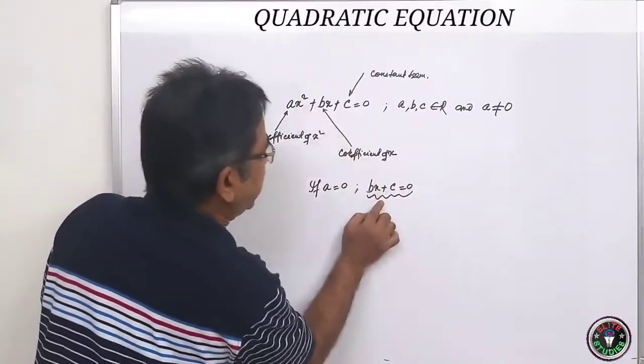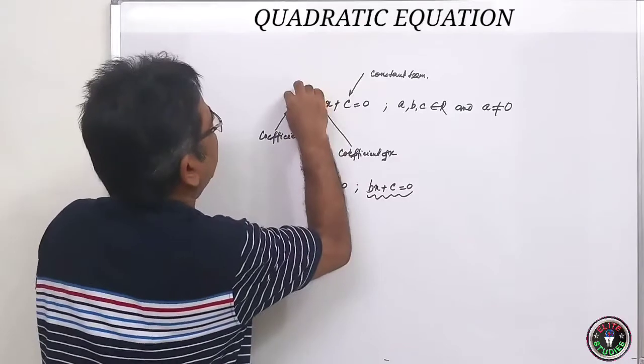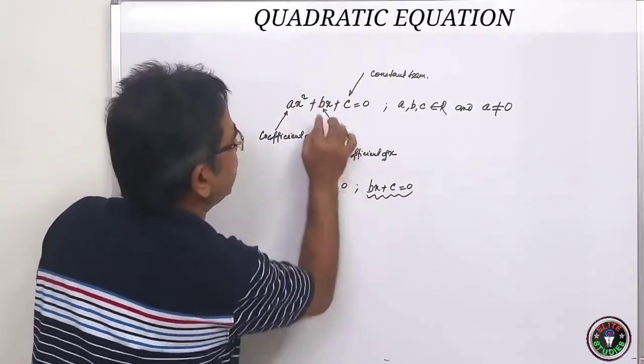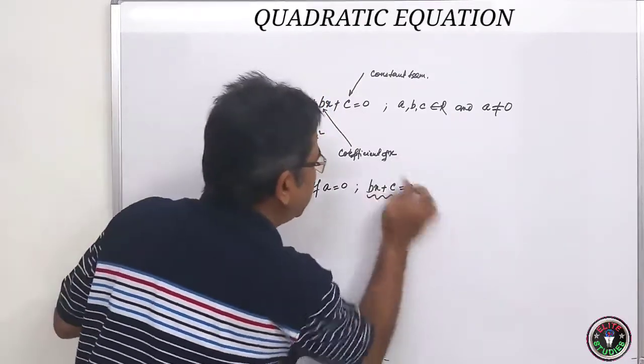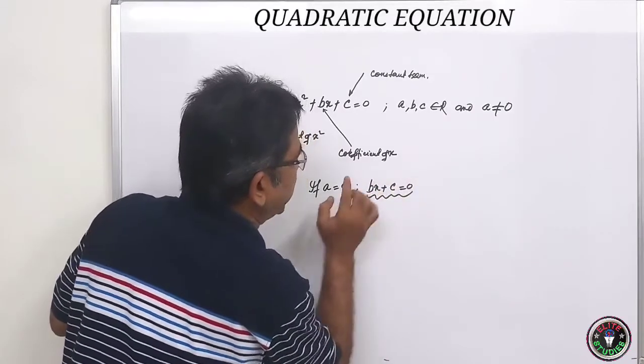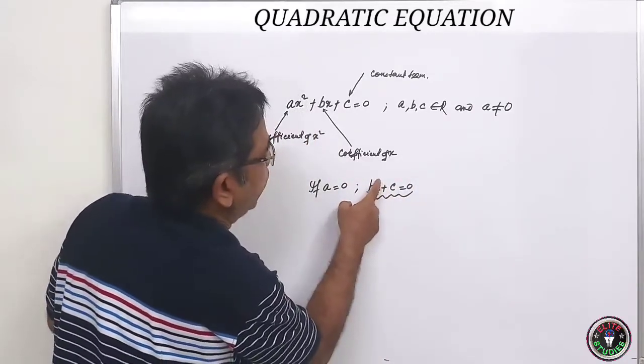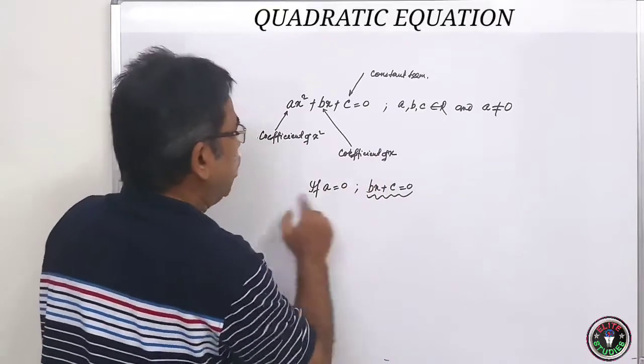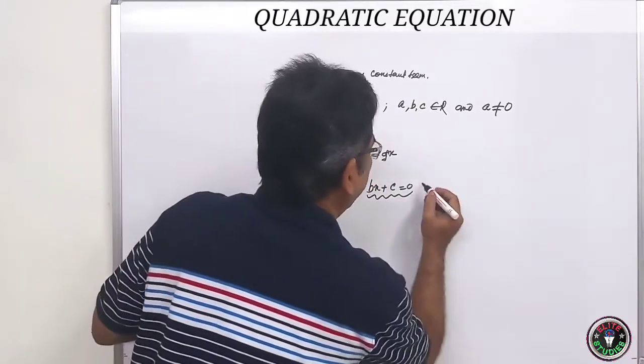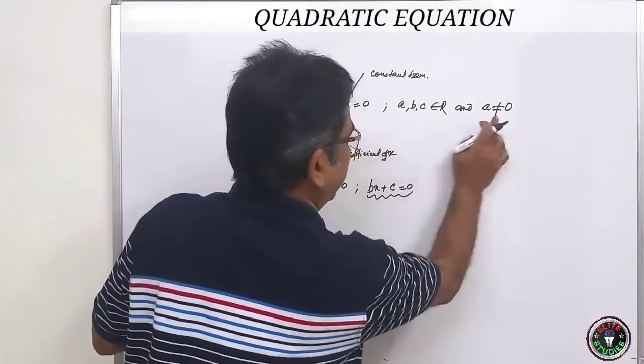Now, in this case, if A becomes 0, this complete thing gets 0. So in other words, we are left with bx plus c, and this is now no more quadratic because the degree is now 1. So if A is equal to 0, it becomes linear. So it is not possible.